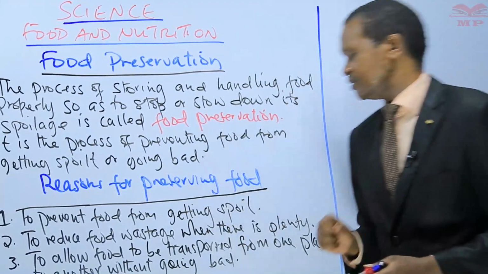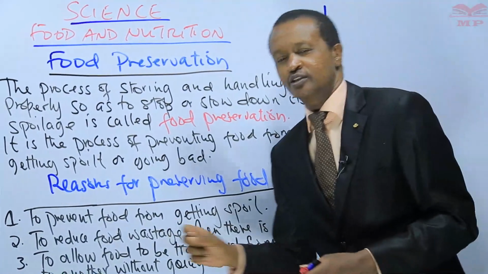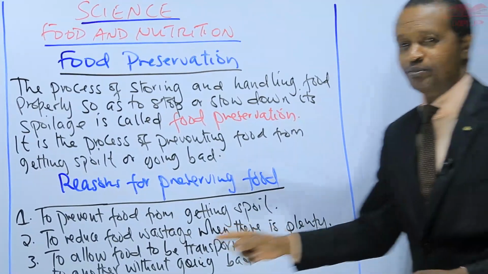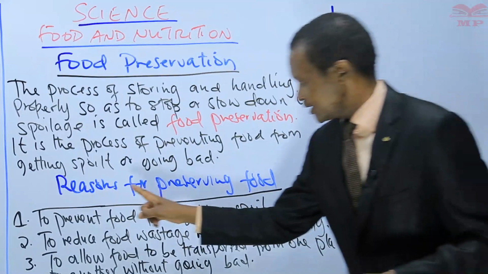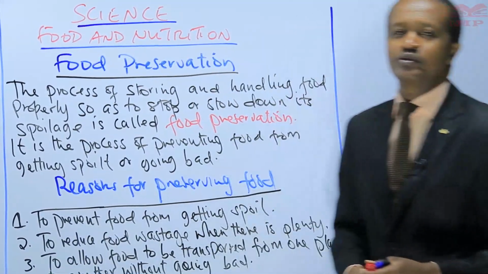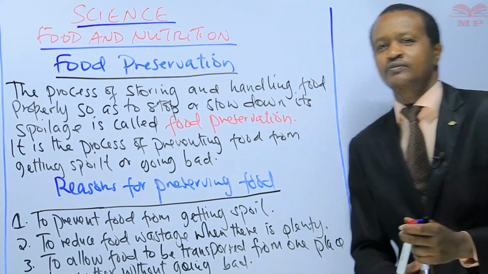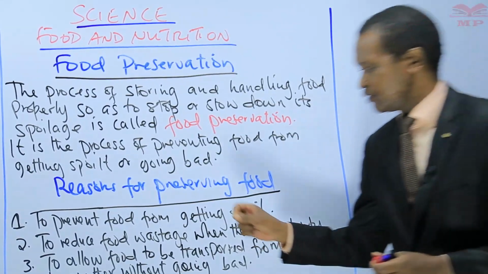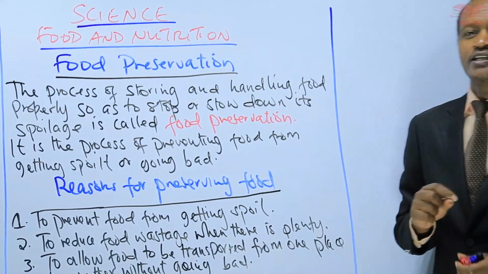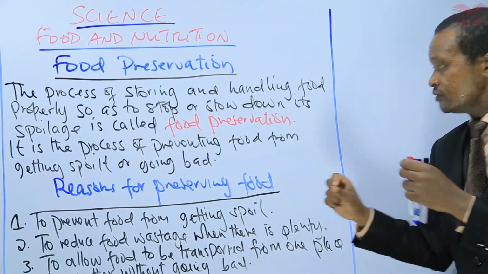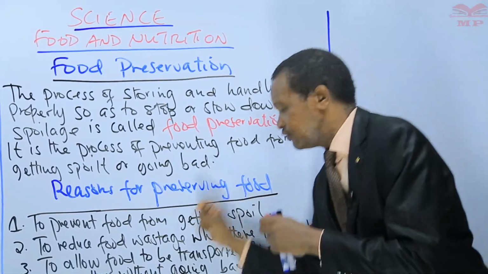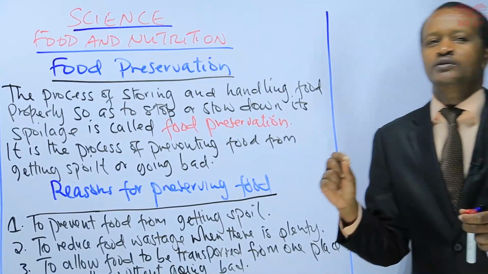Learners, that is a point, is it? I've made up another point. I've given another reason, the third reason. Then number 4, learners, I can say that we preserve food, right?